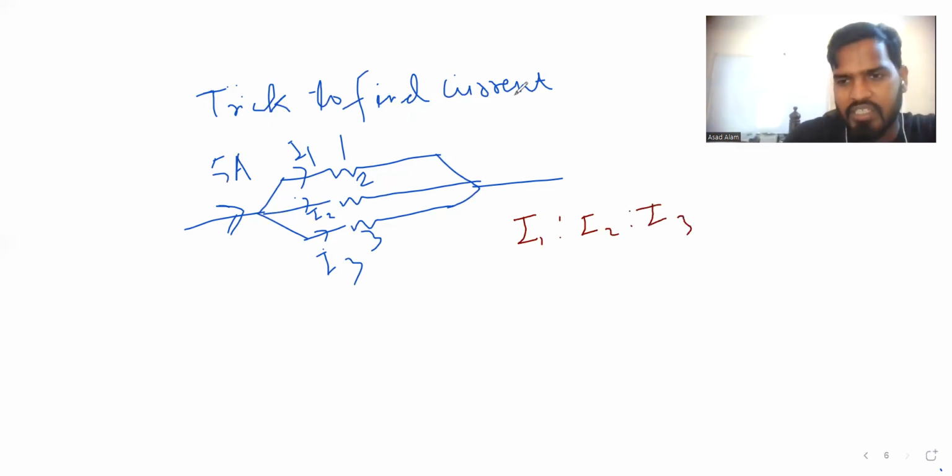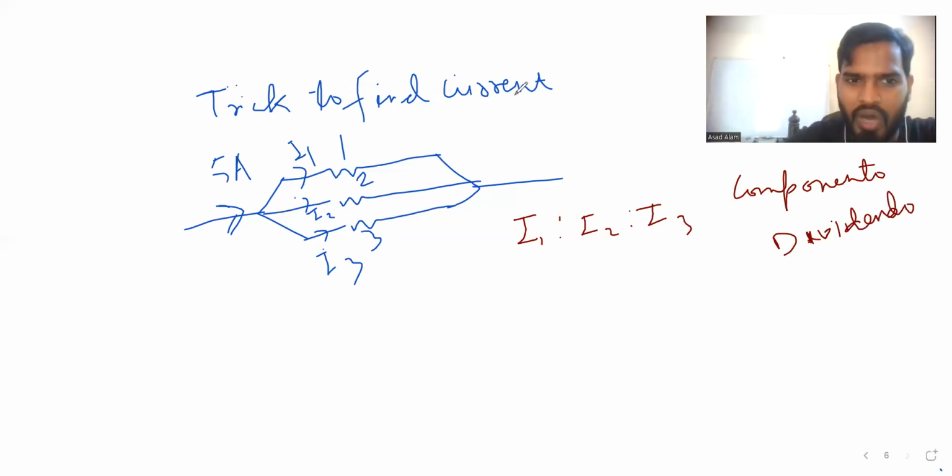This method is known as the current divider. If you want to find I1, write the ratio like this: 1 is to 1, 1 is to 2, 1 is to 3.